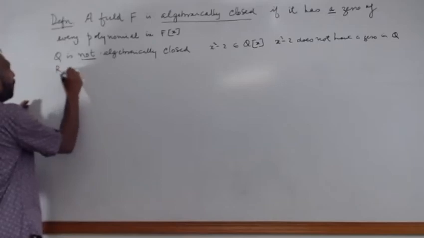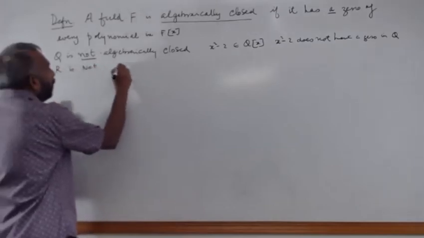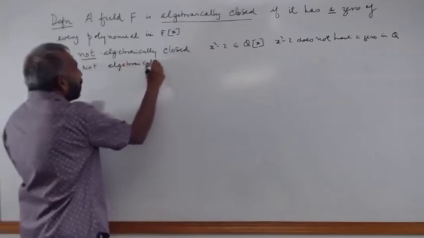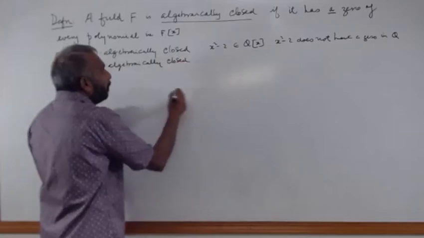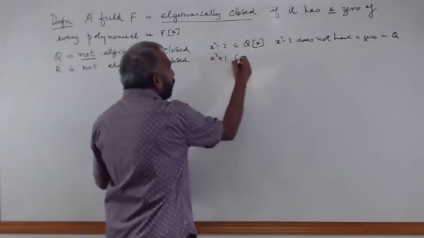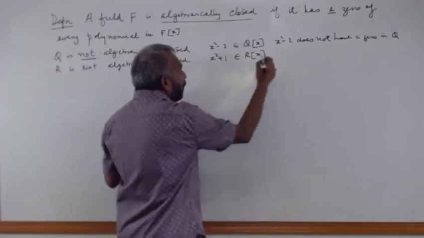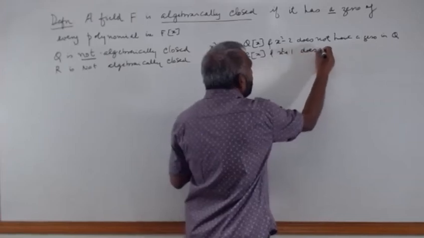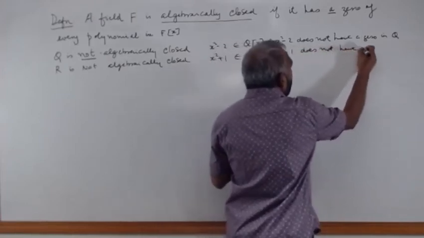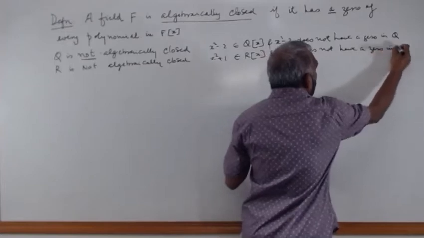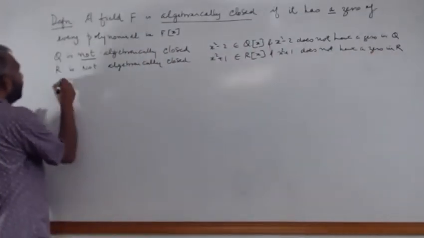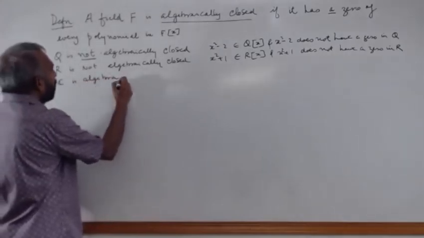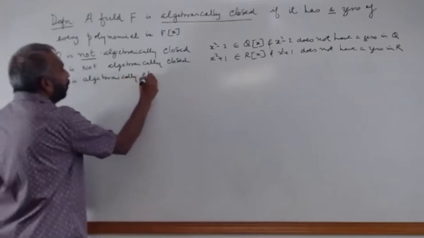Same here, R is not algebraically closed because x square plus 1 belongs to R of x and x square plus 1 does not have a 0 in R. But C is algebraically closed.